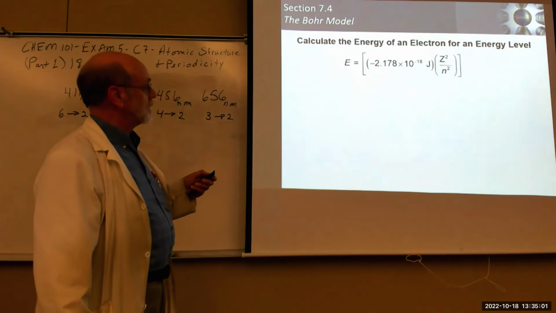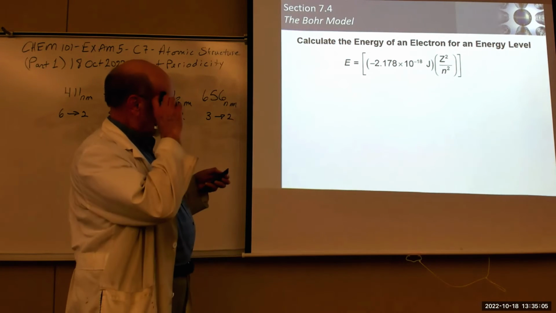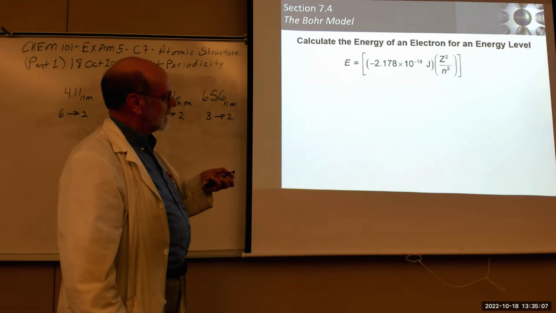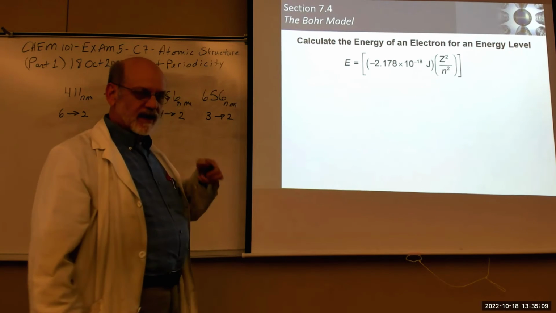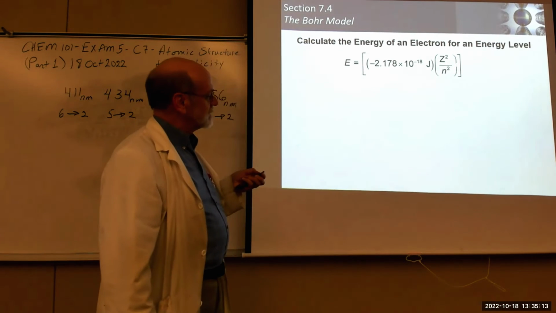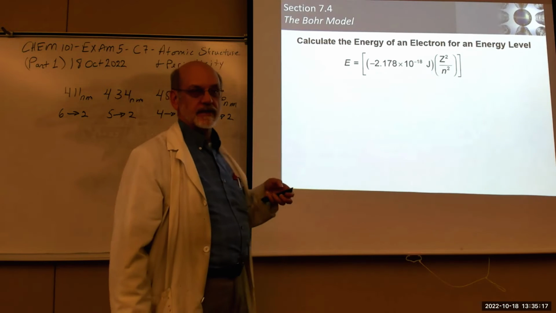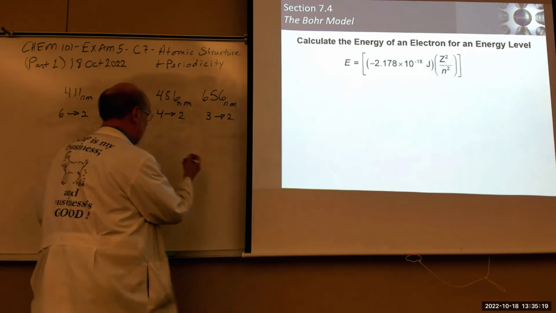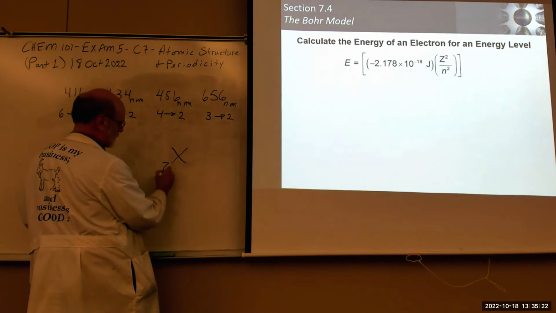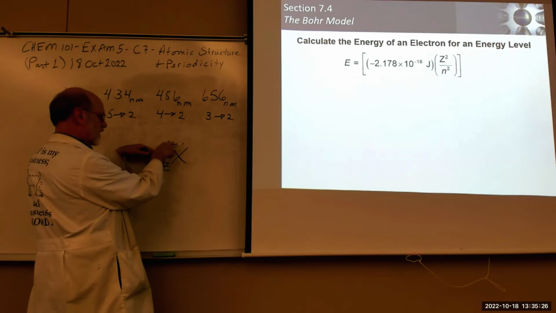So this equation will tell you the energy of any energy level in an atom that is like hydrogen. Z is just like it was with our discussion of the atom, right? You have a Z here, the number of protons, and an A there, the number of protons plus neutrons.